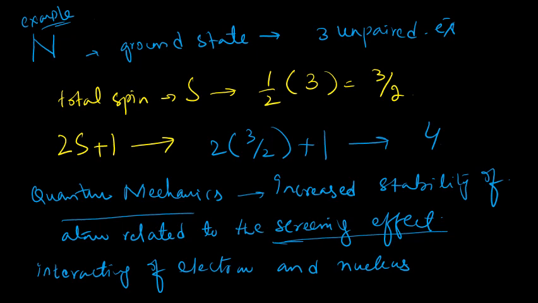So as a result of Hund's rules, constraints are placed on the way we fill atomic orbitals. There are two rules according to which we can fill the electrons.